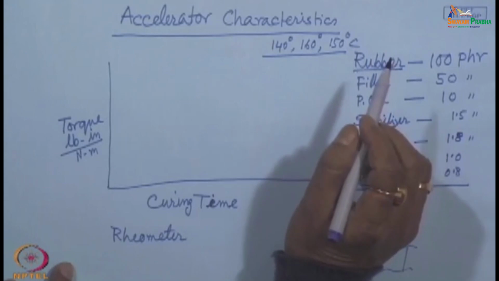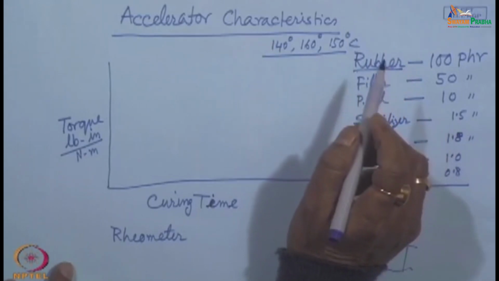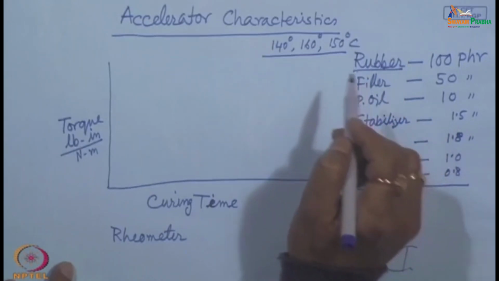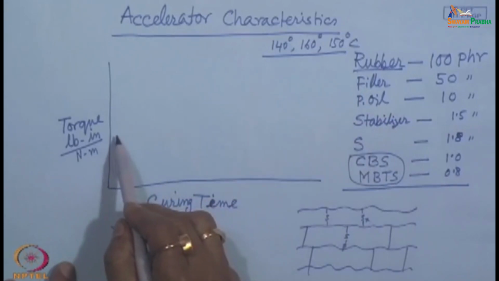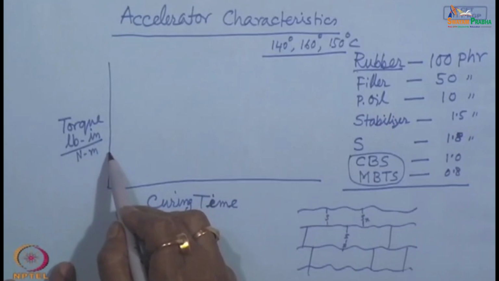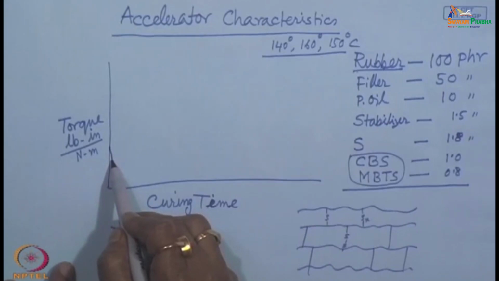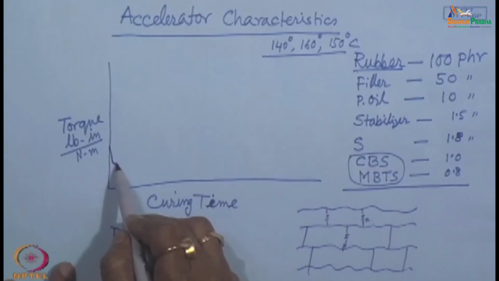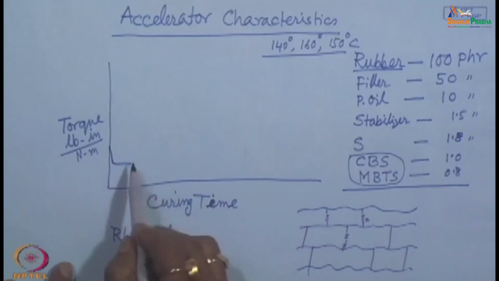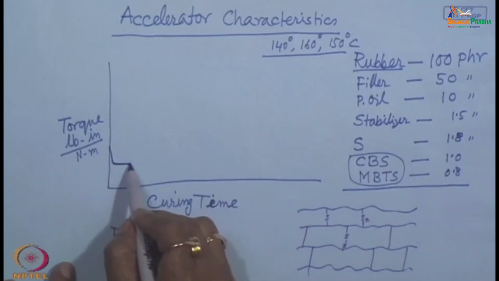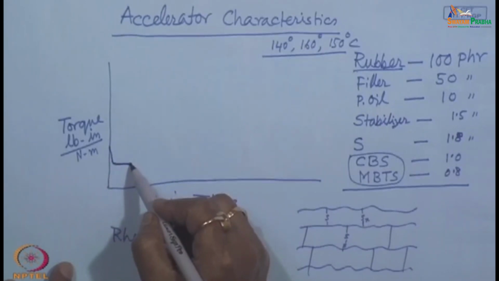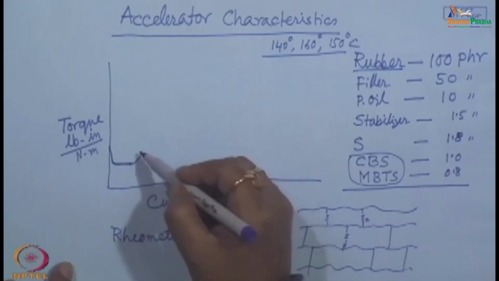This temperature is maintained, and as soon as the rubber is placed, the rubber compound gets heated, and slowly the viscosity or the torque decreases due to increase of temperature. Then it becomes parallel to the time axis for some time. Then this torque starts rising.